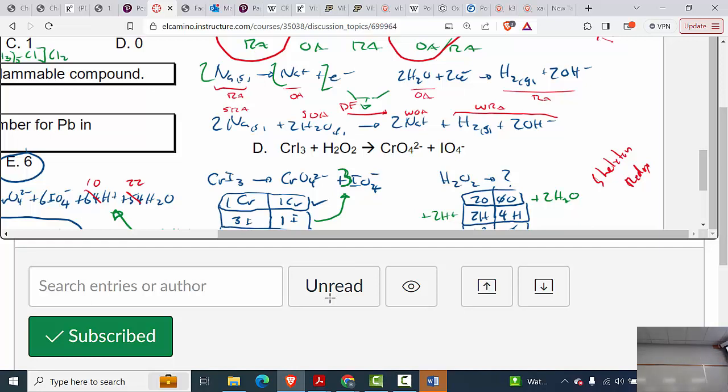And so we're going from -1 to an I, and what's the oxidation state of iodine in periodate? You want to get to the point where you can just look at it and tell. +7? +7 is correct. So we're going from -1 to +7.